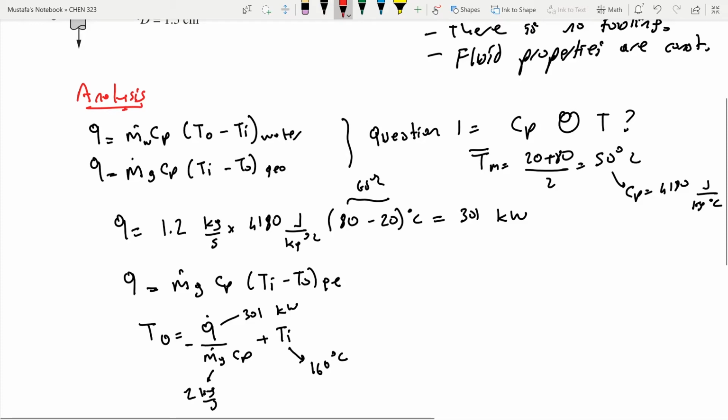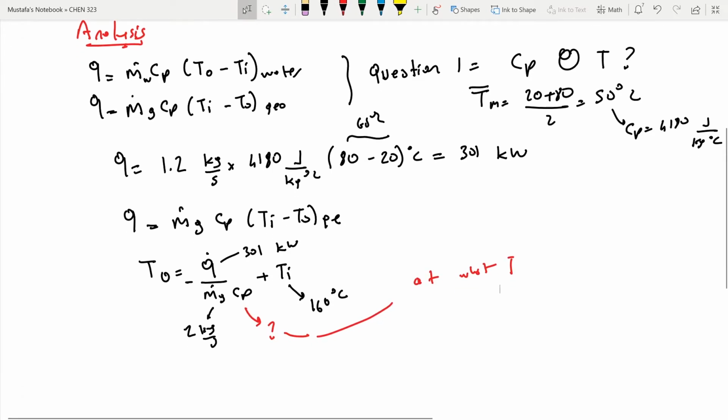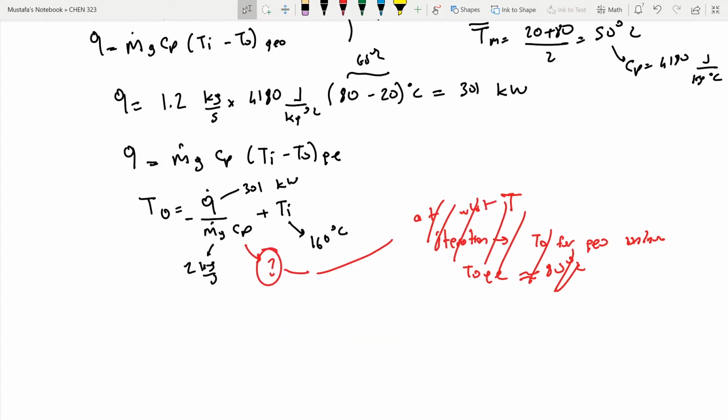Now we go back to Cp. At what temperature do we evaluate the Cp for geothermal water? What Cp should we use here? At 160 degrees Celsius, Cp is equal to 4.33.